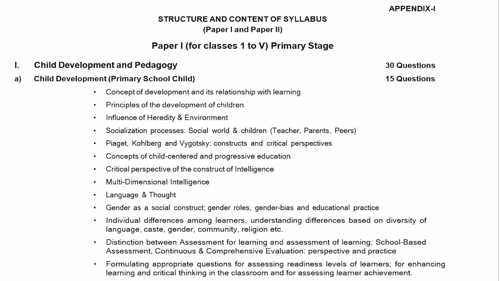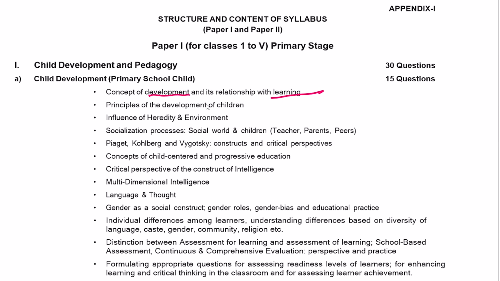So let us discuss the syllabus of CDP, that is child development and pedagogy. In total we have 30 questions, and the first portion inside CDP is child development, and particularly the syllabus focuses on the primary school child. Here we have topics like concept of development and its relationship with learning, how development and learning is related to each other.